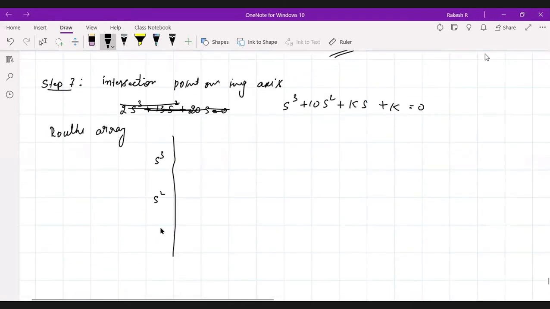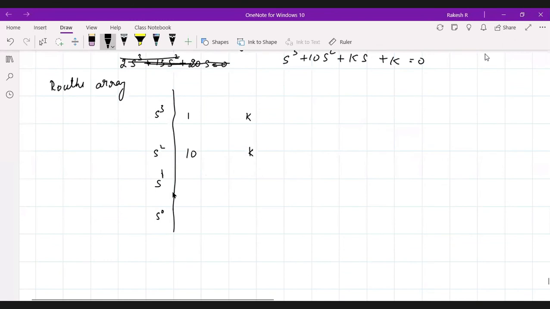S cube, s square, s raised to 1 and s naught. The coefficient of s cube here is 1, s square is 10 and s is k, and the constant term is k here. Right? Now we shall find out s raised to 1. For this, multiply these two and multiply these two, divided by 10.